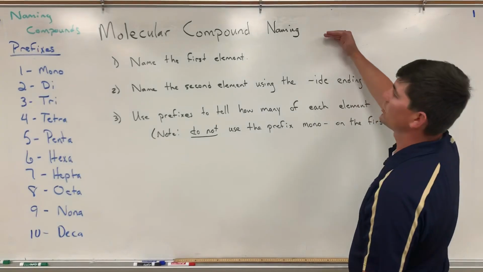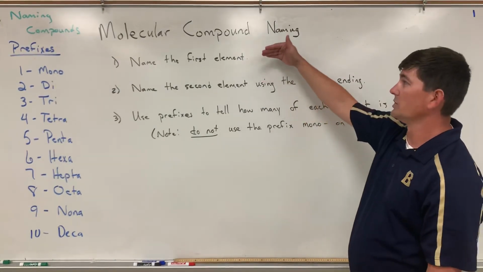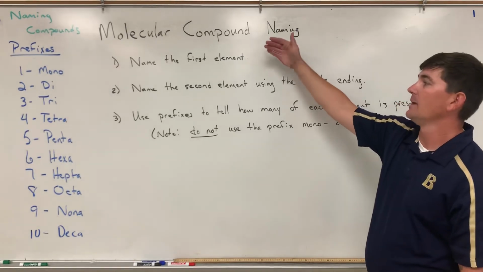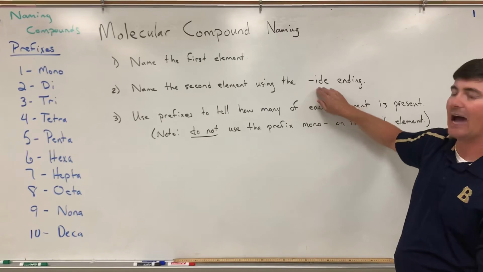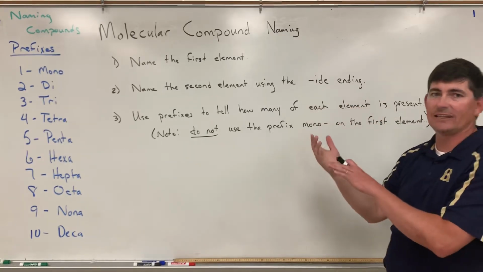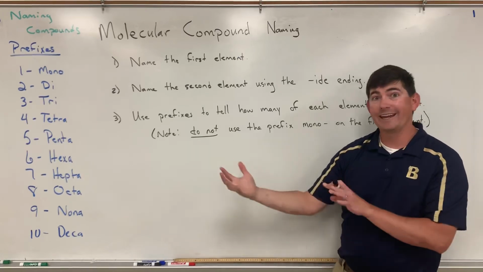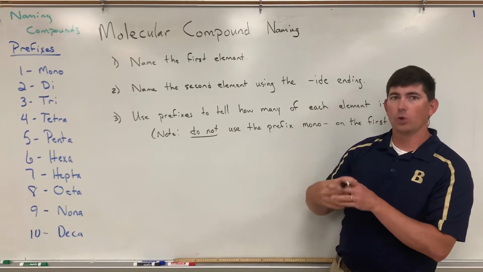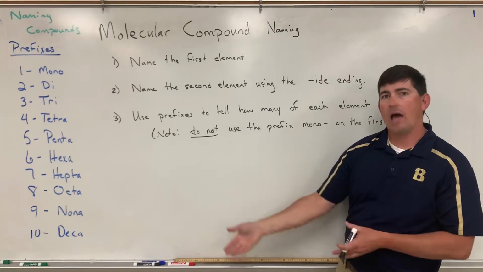The naming system or the nomenclature for molecular compounds is really quite simple. All we do is name the first element, and we name the second element using I-D-E, ide, as the ending. So we cut off the ending of chlorine and change it to chloride, from oxygen to oxide, right?